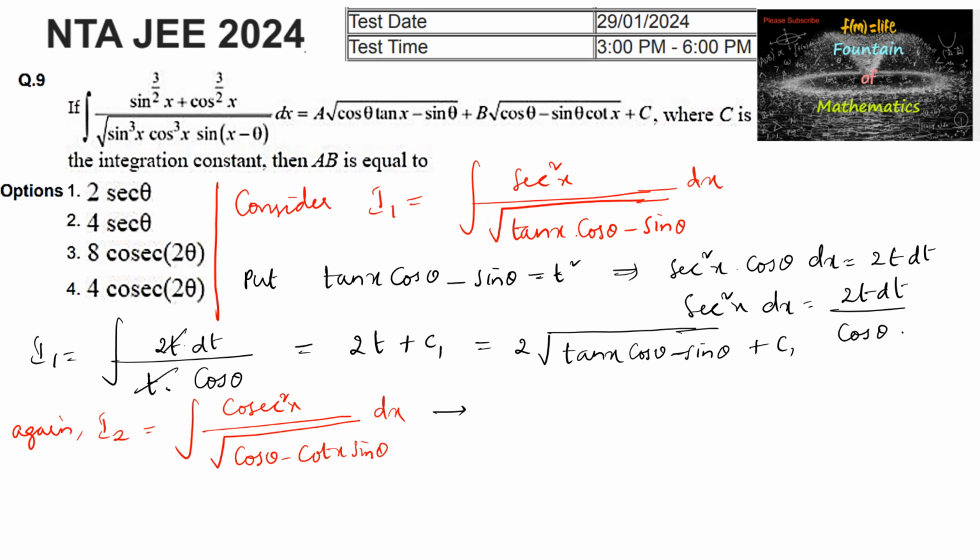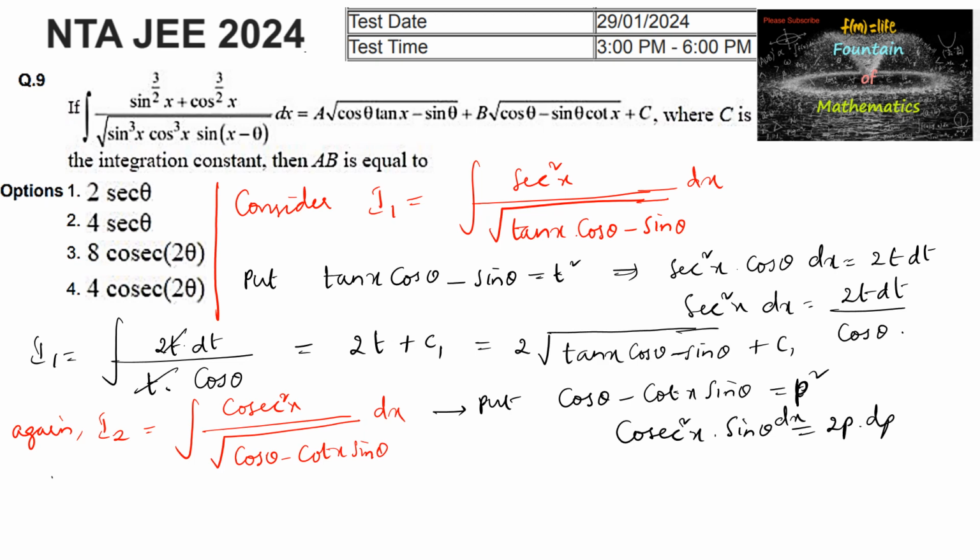So in this case, let us substitute cos theta minus cot x into sin theta is equal to p square, so that differentiation of cos theta is 0 and differentiation of cot x is minus cosecant square x. So minus of minus plus cosecant square x into sin theta, which is constant here because x is the variable, is equal to 2p into dp.